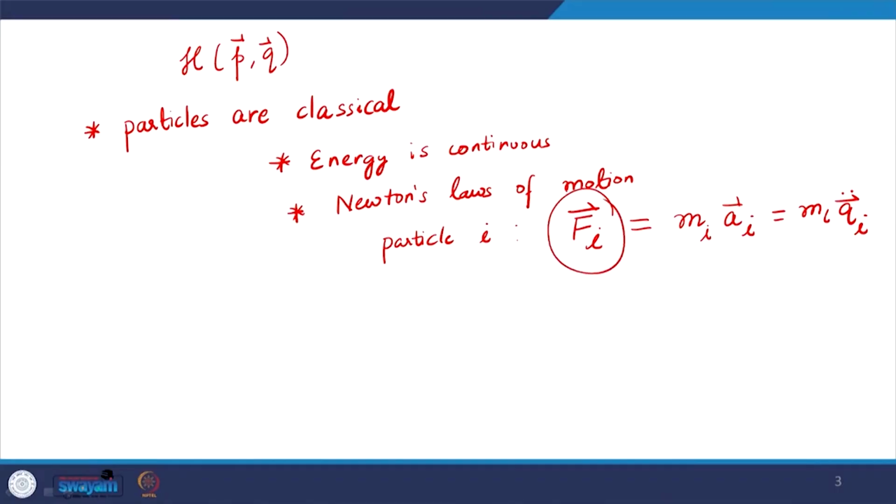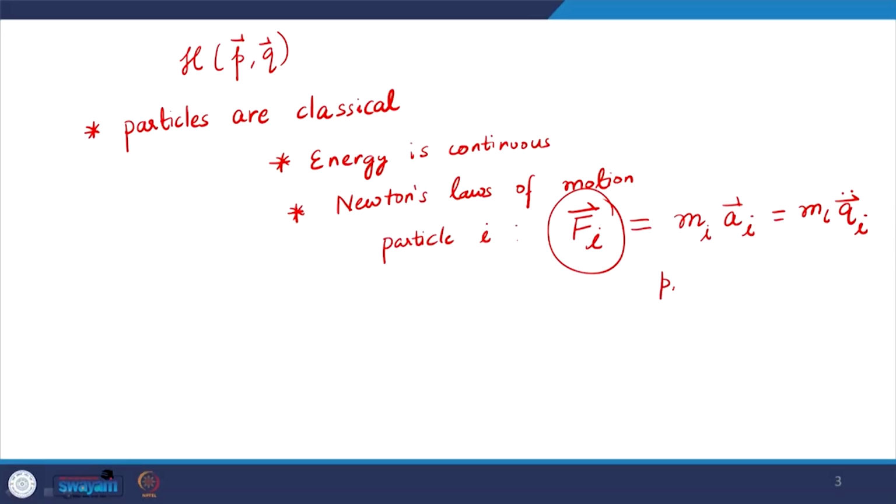So, then if I know the forces, I can know how the positions are changing with time, right. And I also know the momenta, because momenta is simply mass multiplied with the velocity, that is mass multiplied with q_i dot, right.